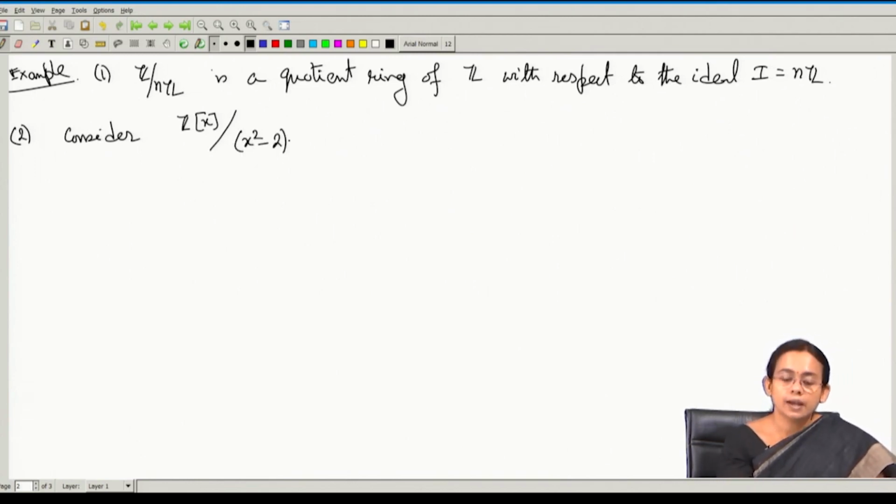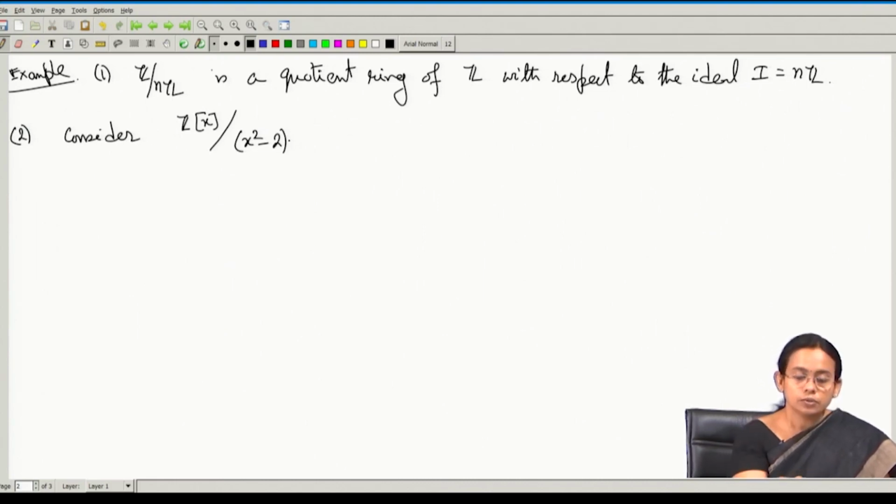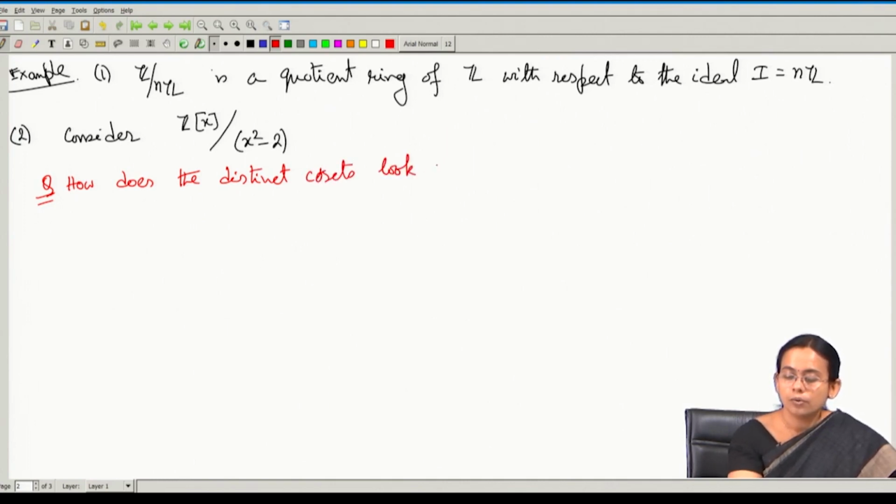I would like to understand what the structure of this quotient ring will be. So, the question is how do the elements, or the distinct quotients, look like in R. I am denoting this quotient ring by R.